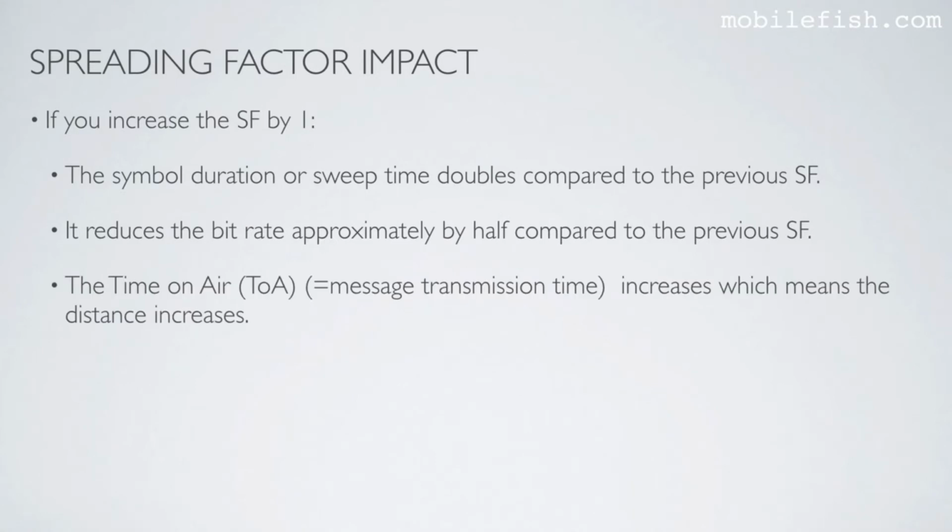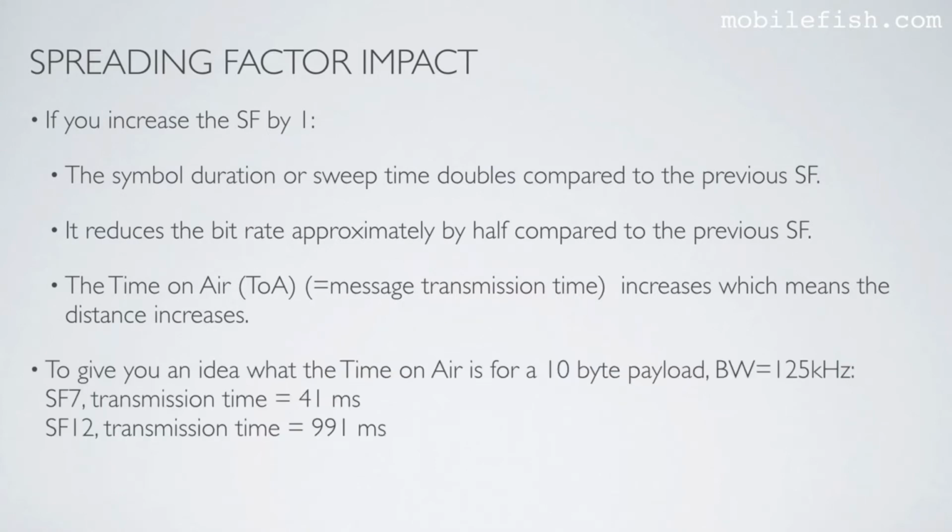The time on air, meaning the message transmission time, increases, which means the distance increases. To give you an idea what the time on air is for a 10-byte payload, let's take bandwidth is 125 kHz. If the spreading factor is 7, the transmission time is 41 milliseconds.